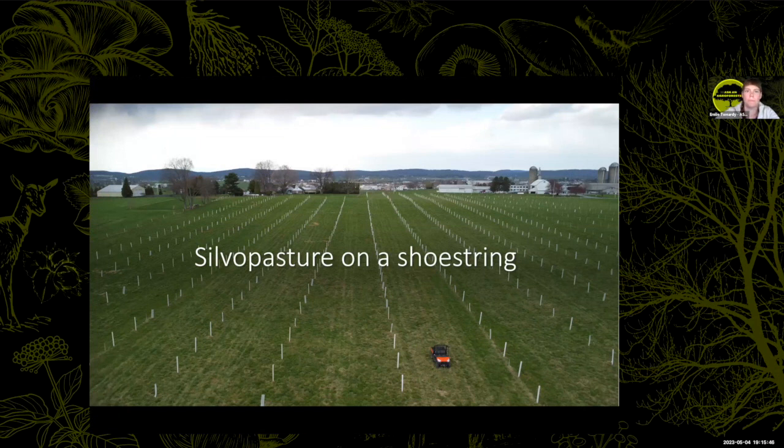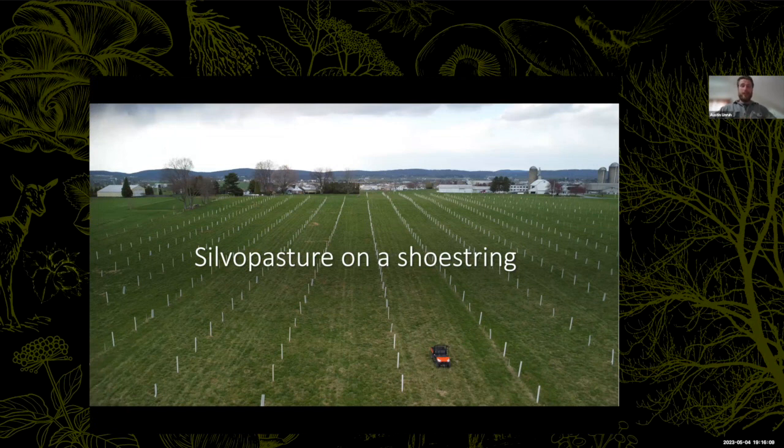Okay, so tonight we're going to be talking about silvopasture on a shoestring, because we know that budgets are finite. Everyone only has so much money, and being able to invest in trees is a long-term thing where we don't get any money out of it for the first couple of years.